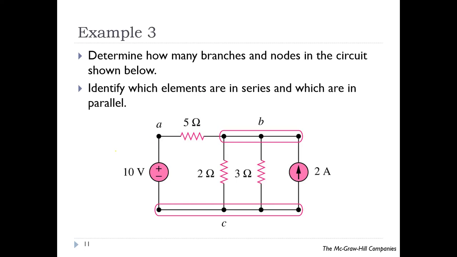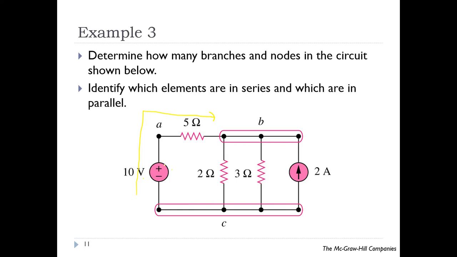So let's check for these 2 elements, 10 volt and 5 ohm. When this current flows through this part of the network, through these 2 elements, the current does not split, so it has the same current. In this case, 10 volt and 5 ohm are in series. So you check whether you have the same current flowing through the different elements, and if you have the same current, then the two elements are in series.